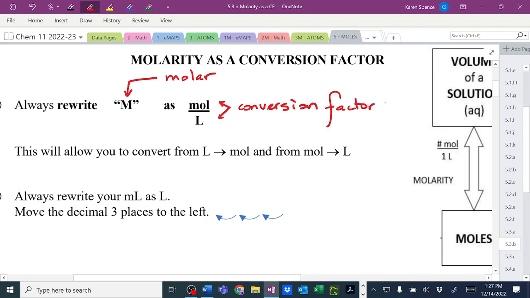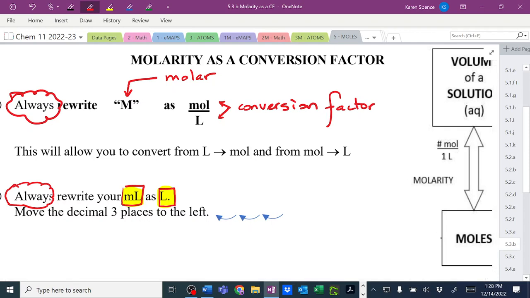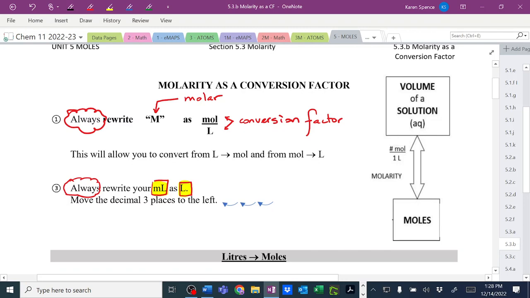The other thing you are always going to do, so there's two always things, always rewrite molarity as moles per liter, and you're always going to rewrite your milliliters as liters. And in order to do that, you need to move your decimal 3 places to the left. Divide by 1,000. Move your decimal 3 places to the left.